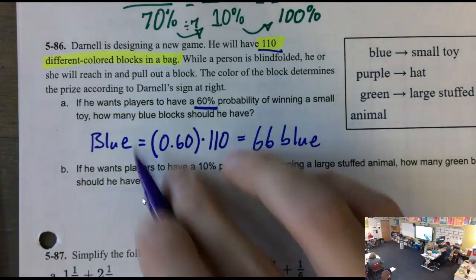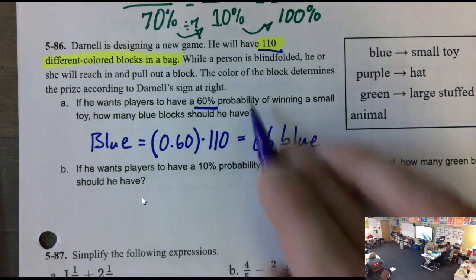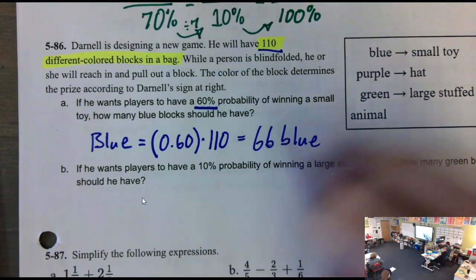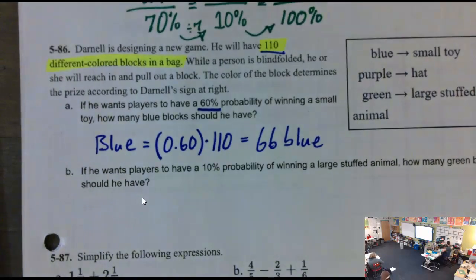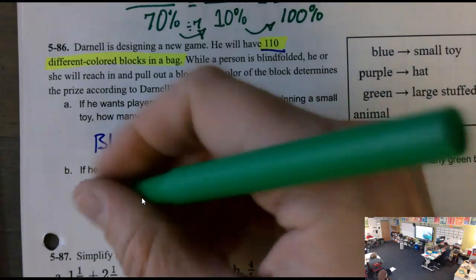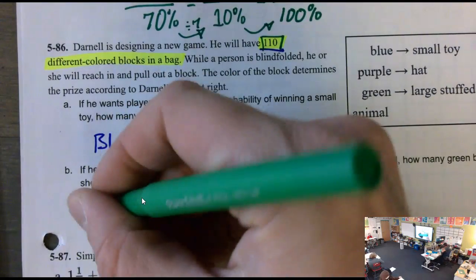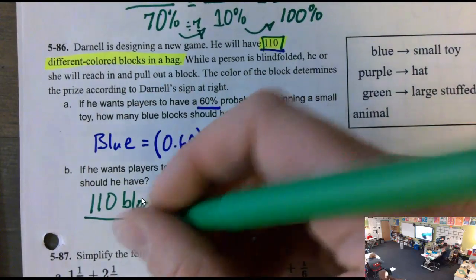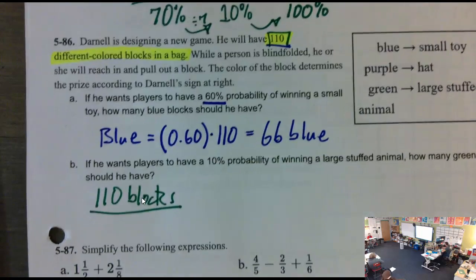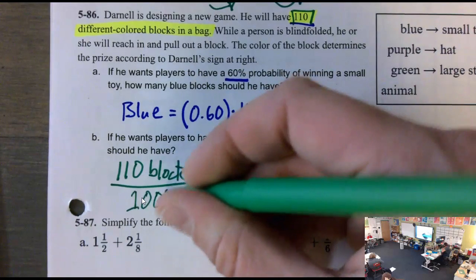Hey, so we did this like this, or at least what I showed was like this, but there's another, in my opinion, kind of better way. So, the large stuffed animal was green, I might as well write in green. They want that to be 10%, but I'm going to start with knowing that 110 blocks, and guys, we're going to continue doing this stuff next chapter, so more practice with this is better. 110 blocks is 100%.